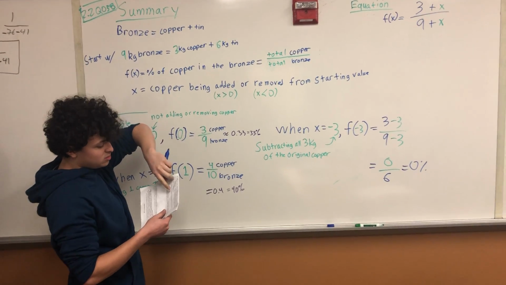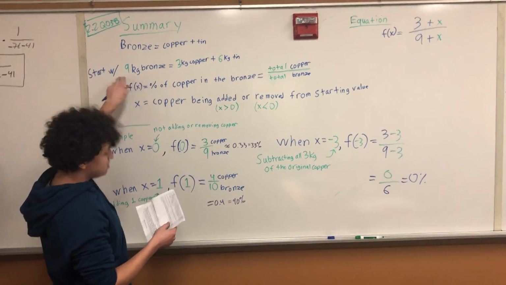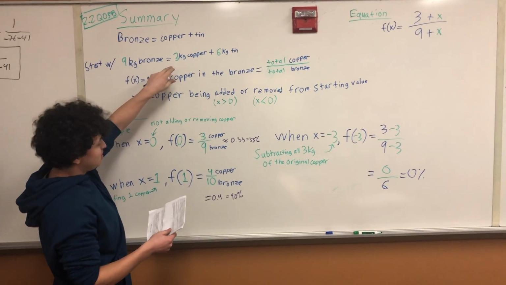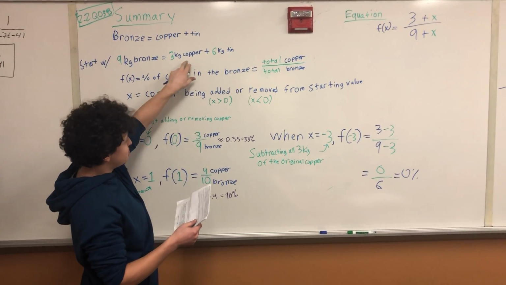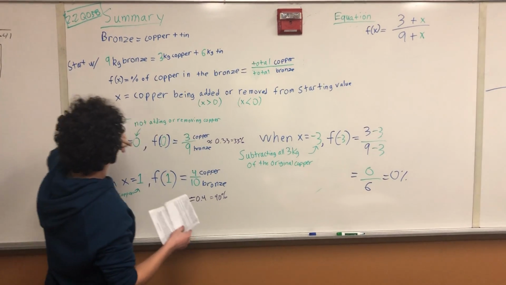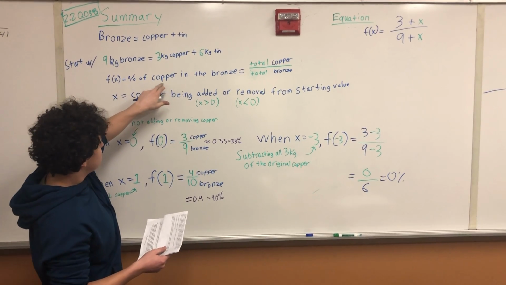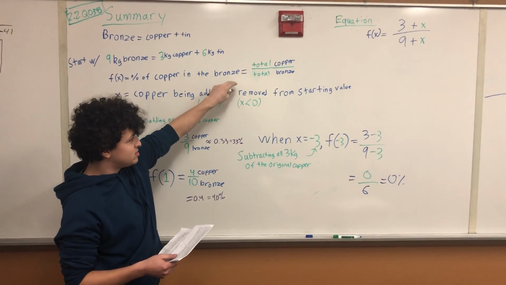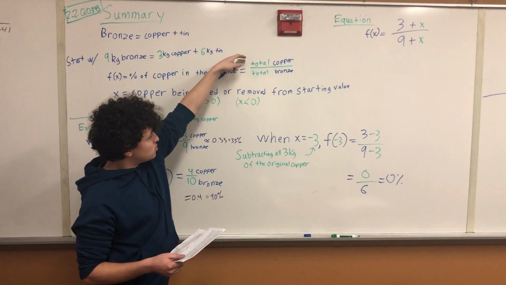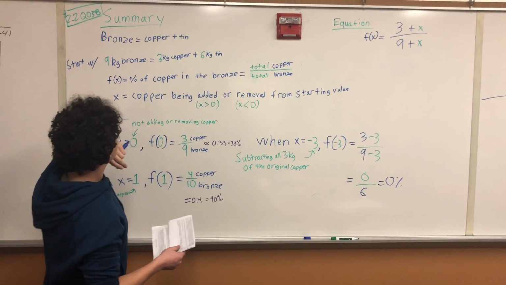So in this example we started with 9 kilograms of bronze, and that came from 3 kilograms of copper and 6 kilograms of tin. So f of x is the percentage of copper in the bronze, which means the total copper over the total bronze.